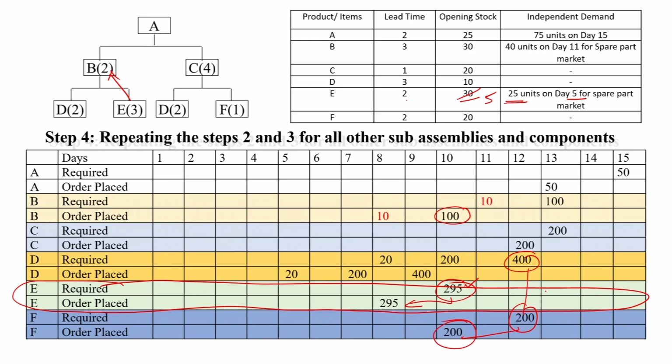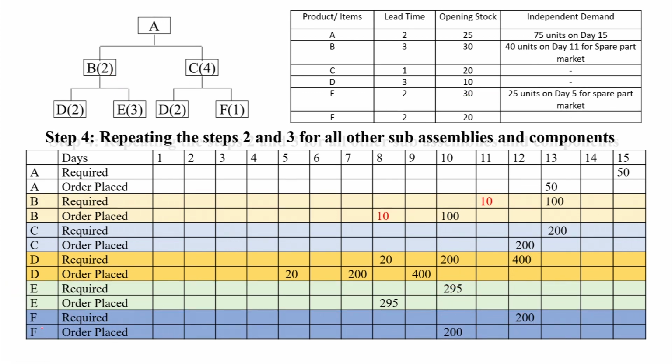So, this is how we can develop the material requirement planning for various components and parts using the MRP methodology. It is a computer based program and a database program, a management information system. In this manner, for all the 6 components and parts or final products, we can develop when the item needs to be dispatched.